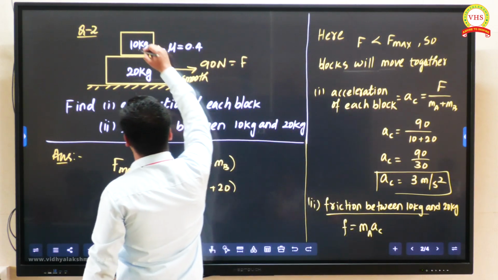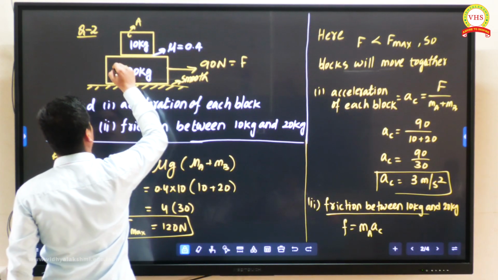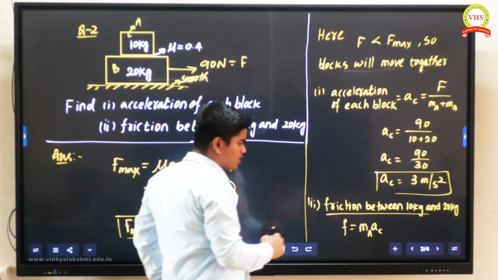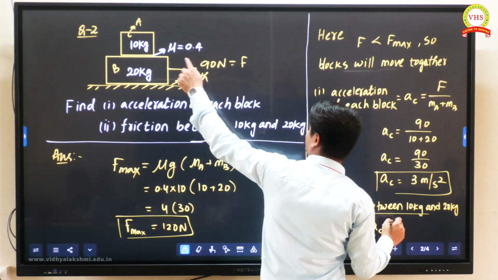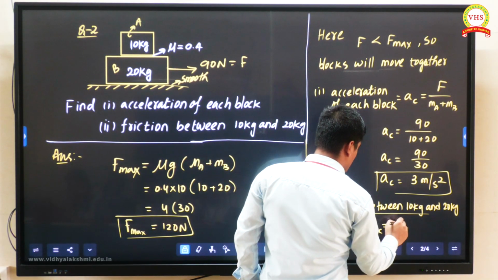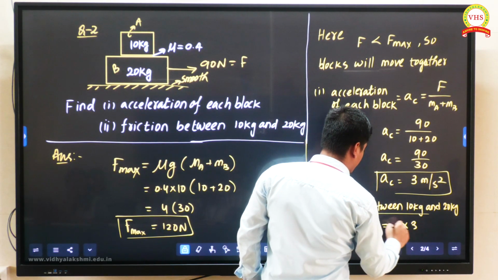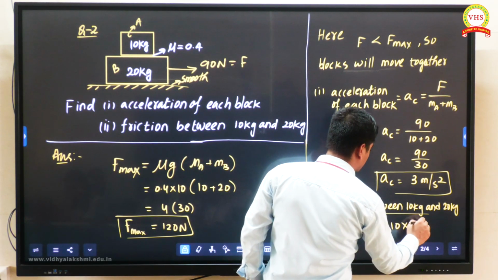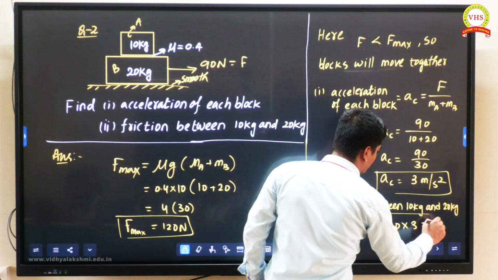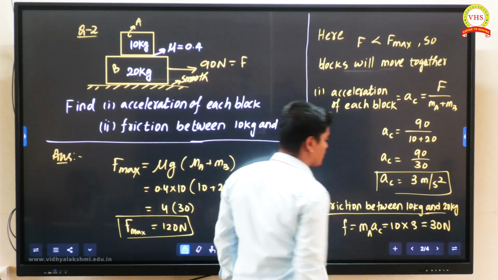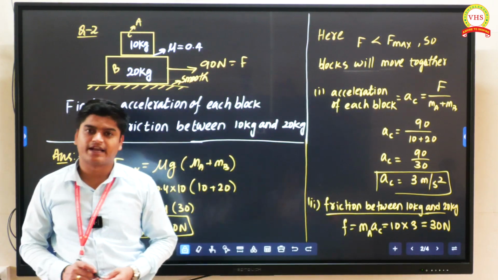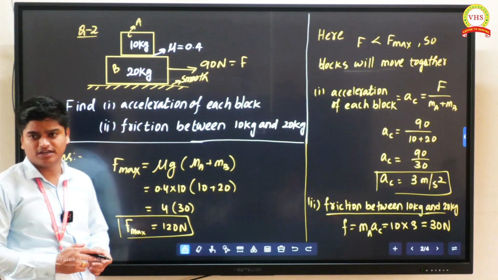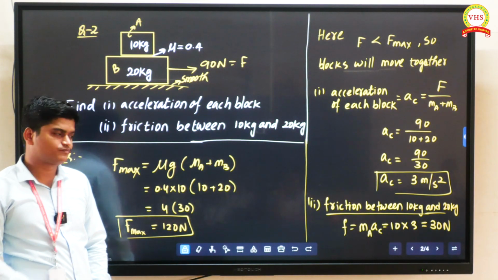Consider this your A block, and this your B block. Now tell, what is MA? Acceleration is 3 and mass is 10. So 3 into 10 is 30 Newton. Yes or no? This is the friction between 10 kg and 20 kg. Clear? Got the point? Okay.